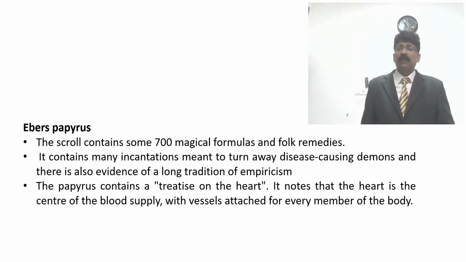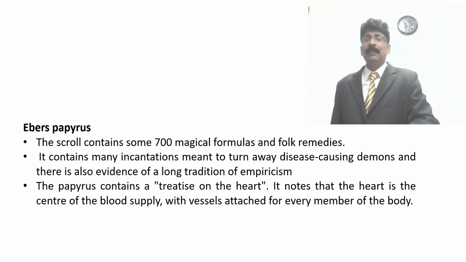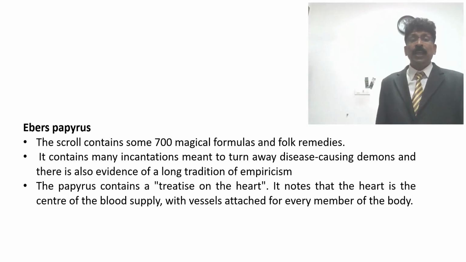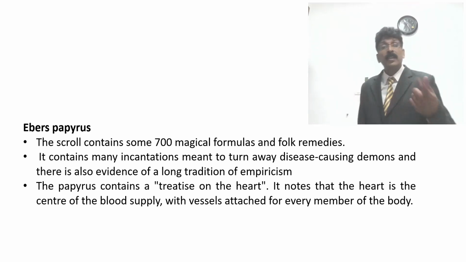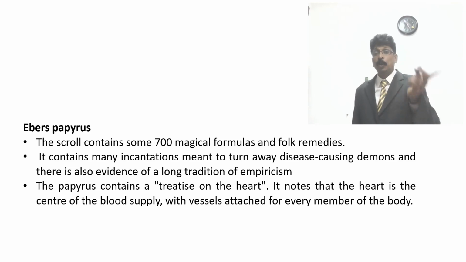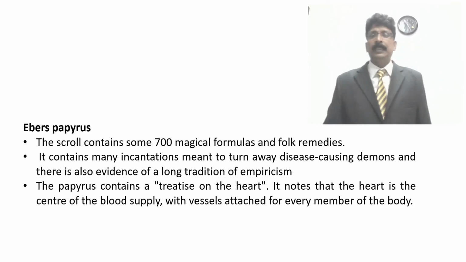The first prescription is known to us as Rx, where the pharmacist lives and stands to read and write a prescription. The scroll contains 700 magical formulas, which, as I told you, are written in the prescription and made by the pharmacist. So you are also doing the same job.